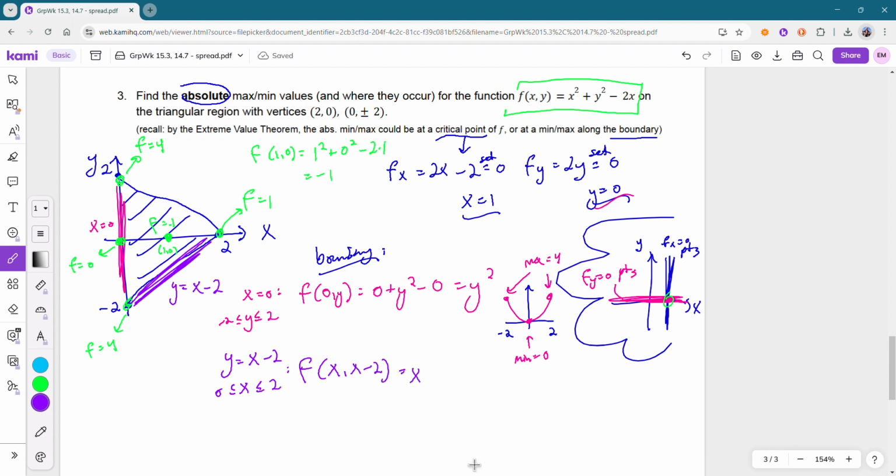So if we feed that in, we get x squared plus x minus 2 squared minus 2x, which, doing a little bit of algebra here, x squared plus x squared minus 4x plus 4 minus 2x, which is 2x squared minus 6x plus 4.